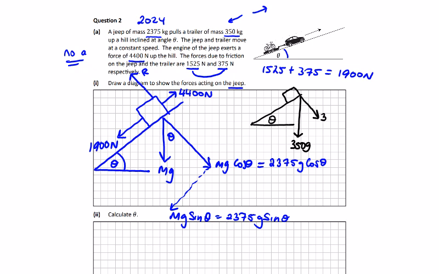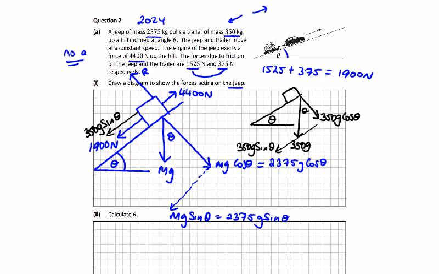We're going to have 350g cos theta, and parallel to the slope we're going to have 350g sine theta. So that's another force that will be going down, affecting the Jeep in this way. 350g sine theta. So I think that is everything.